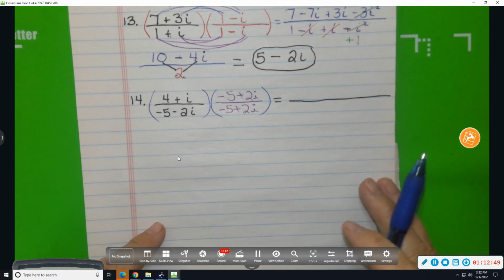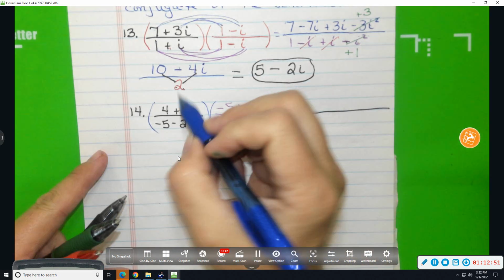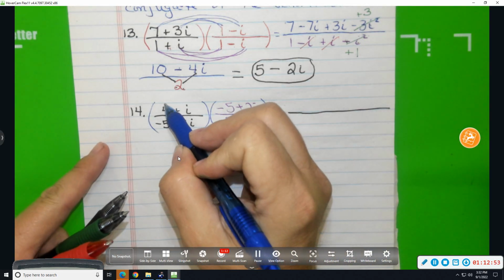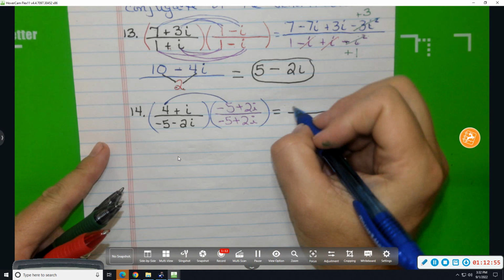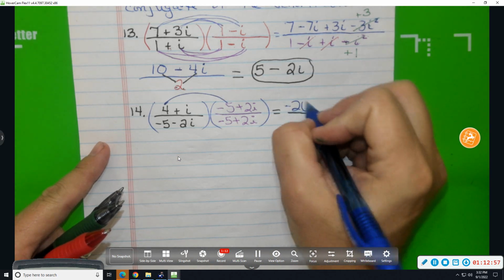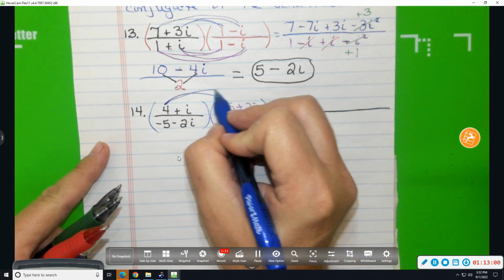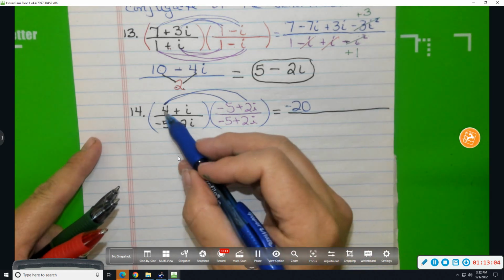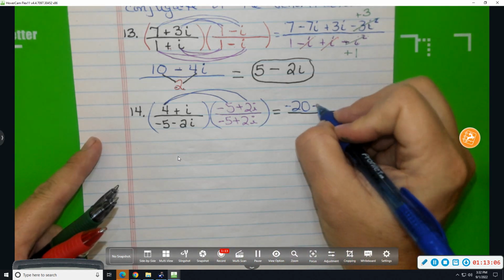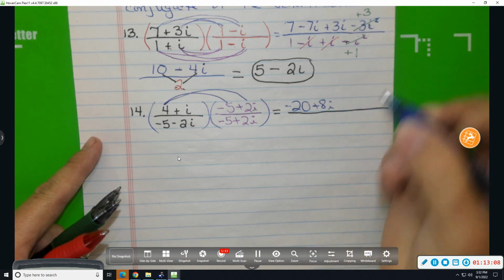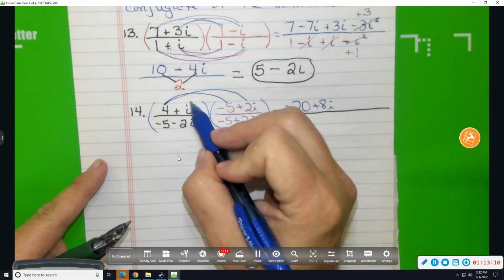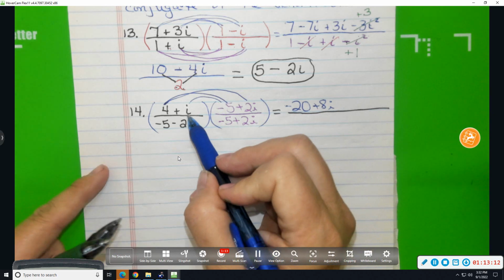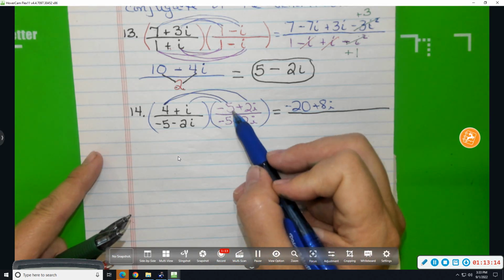Okay, here we go. Let's simplify the top. Y'all are going to tell me what it is, okay? First, negative 20. Okay, outer. The faster we get through with this, the sooner you get to your Labor Day weekend. 4 times 2i, I agree with the 8i. Inner. Positive 1i times a negative 5.